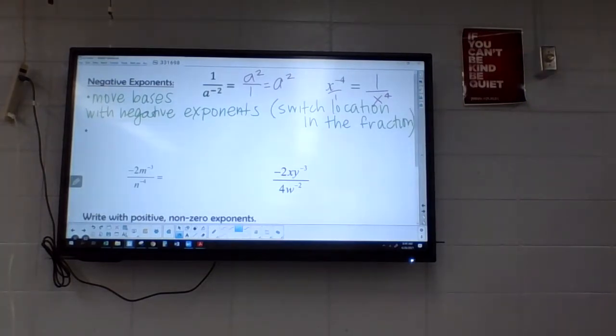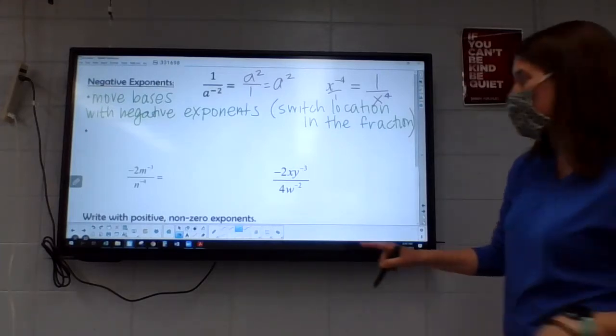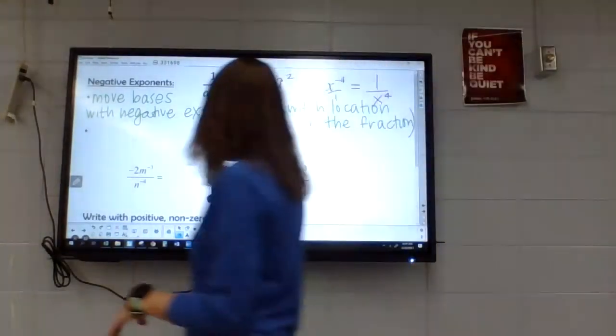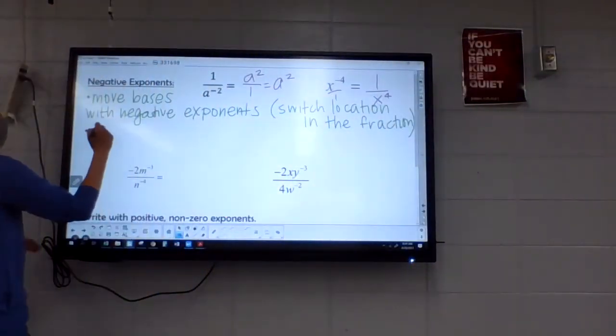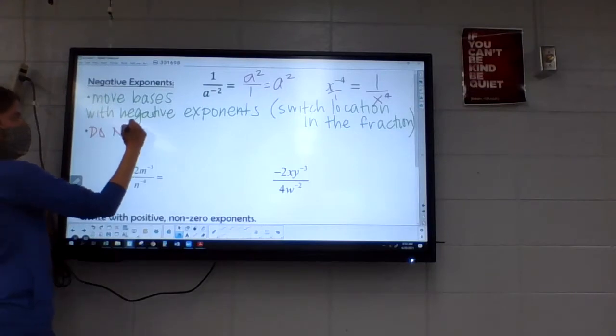So we're going to move bases with negative exponents. Now, I said bases with negative exponents. We're not going to move negative coefficients. So I'm going to write that in red so you remember that, and I'll show you what I mean.